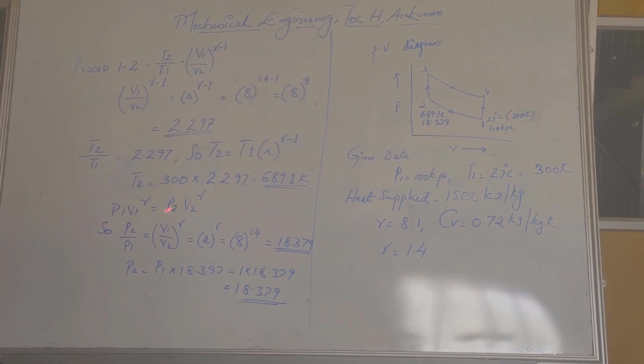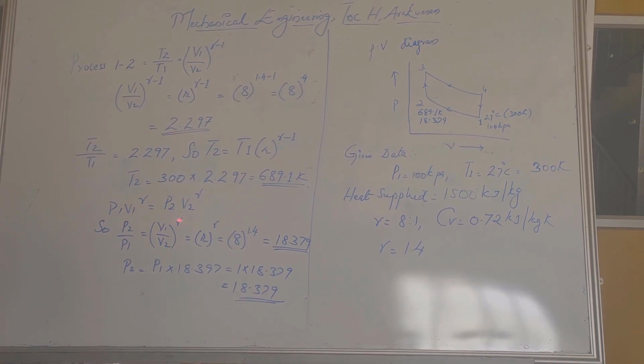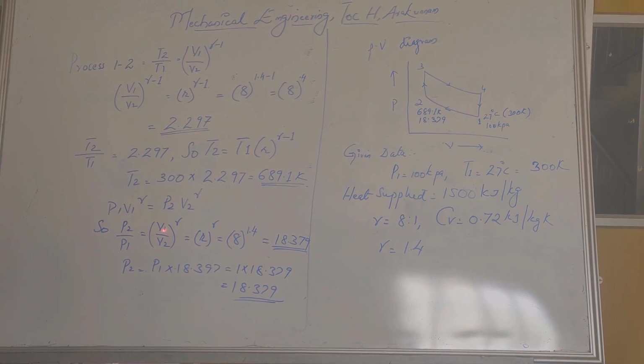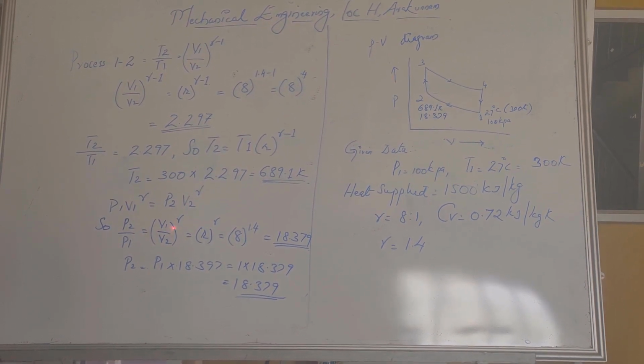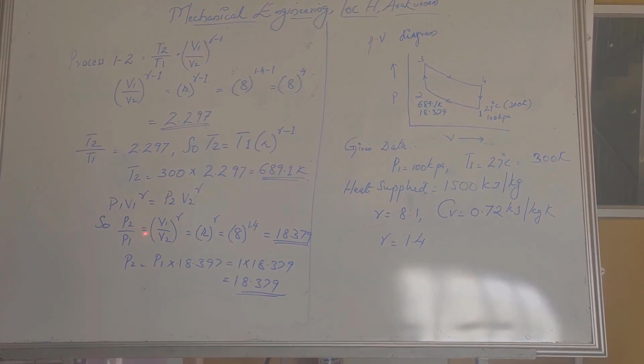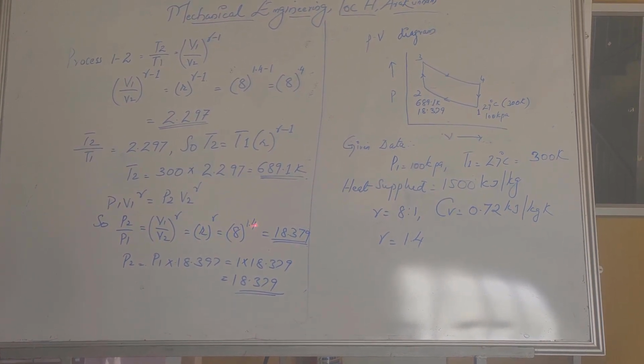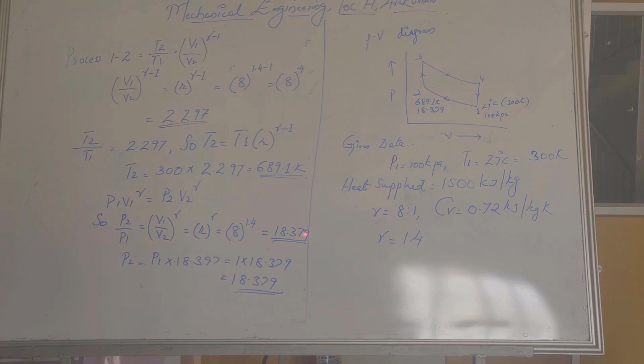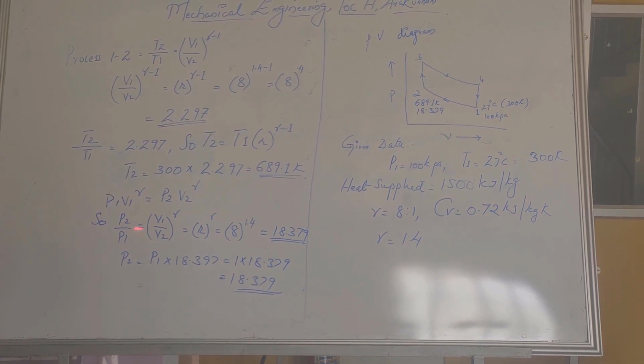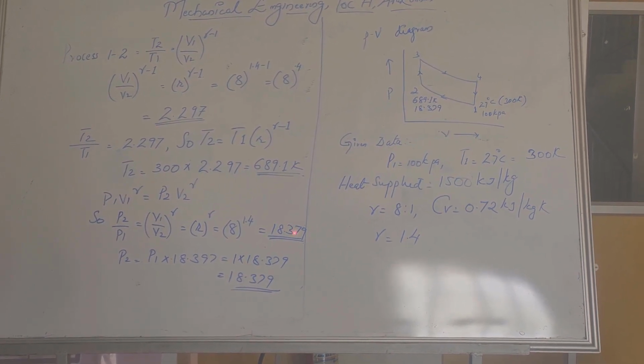So P2 by P1 is equal to (V1 by V2) raised to gamma. You are aware that V1 by V2 is the compression ratio R. Therefore, P2 by P1 is equal to R raised to gamma, that is 8 raised to 1.4, which is 18.37. So P2 by P1 is equal to 18.37.